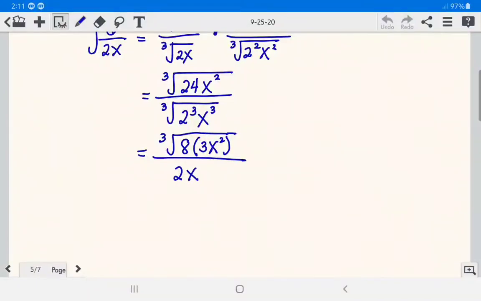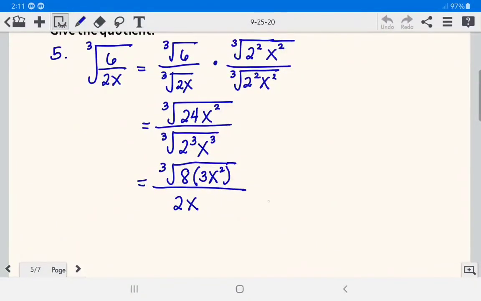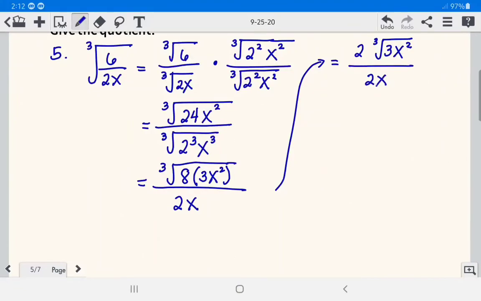Then we have the cube root of 8, we have 2. Then you just copy the cube root of 3x squared over 2x.